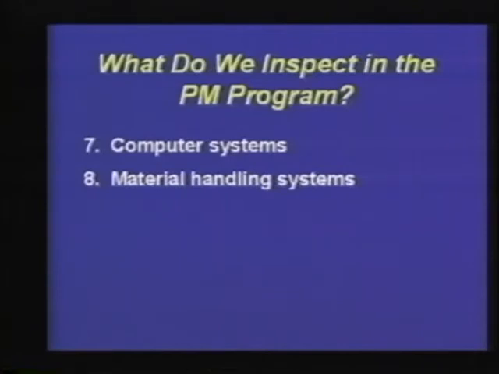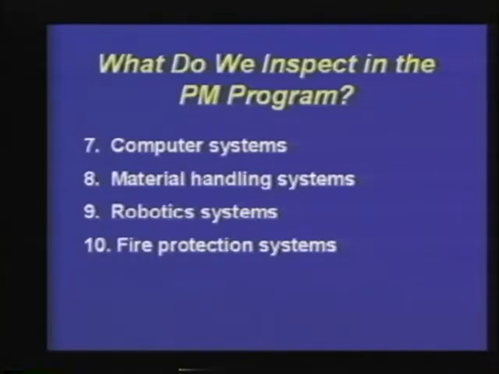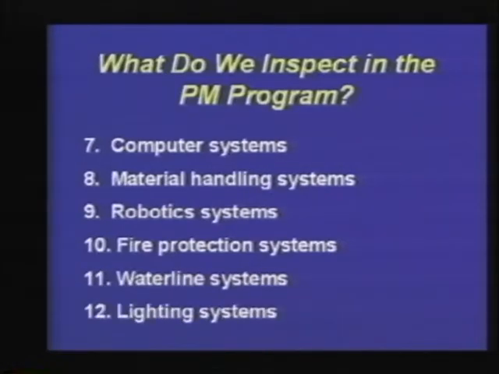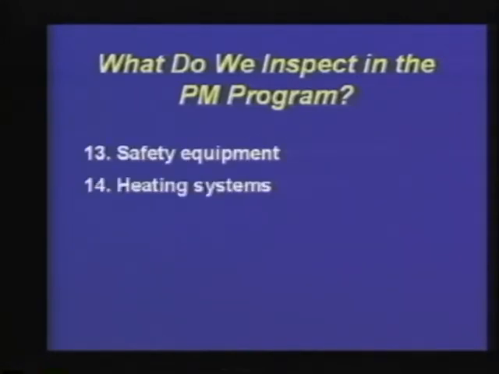Material handling systems. Those basically allude to overhead cranes, conveyors, in-floor track systems, and whatever. Robotics is another key area of consideration. Fire protection. And continuing on page 6B, waterline systems, lighting, safety, the heating systems. That would be extremely important for those of you in the northern states, especially as you migrate into the fall and winter months.